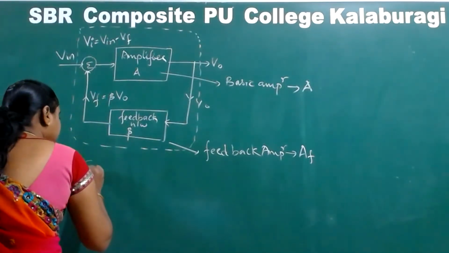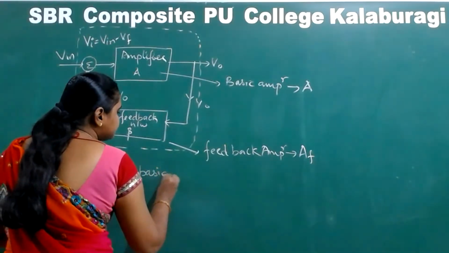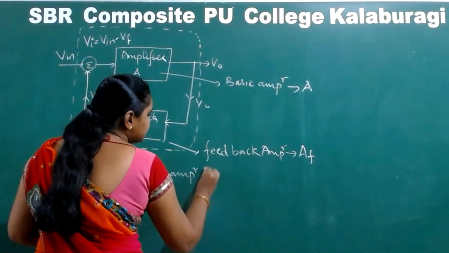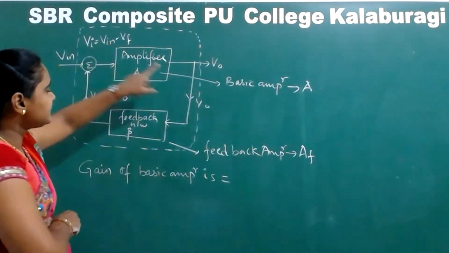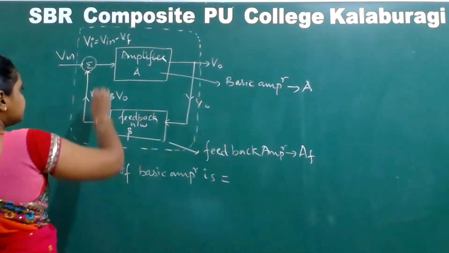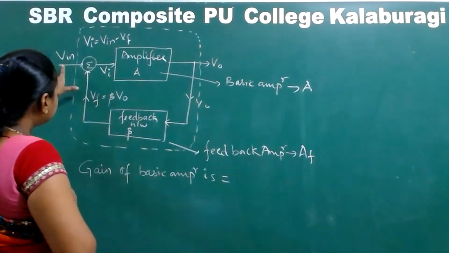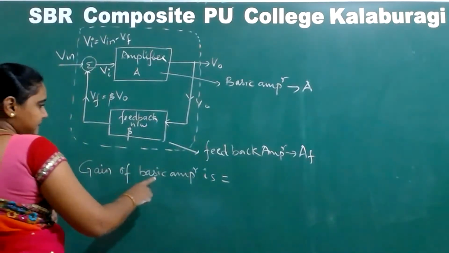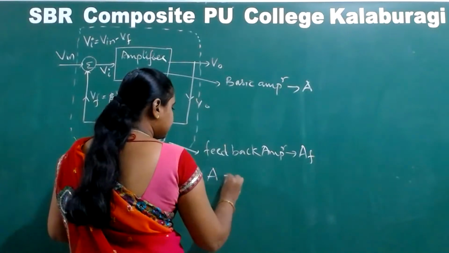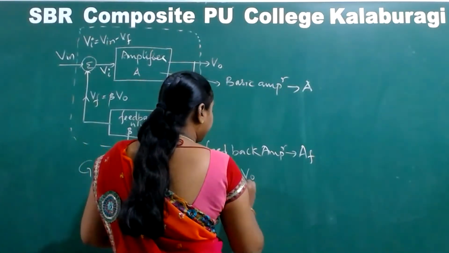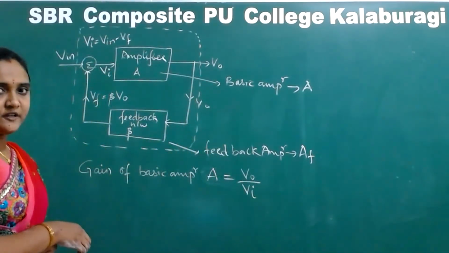Now I am going to write gain of basic amplifier. Ratio of output to input. The input to this is Vi, and the input to the feedback amplifier is Vin. Basic amplifier: gain A is equal to V naught by Vi. Okay?